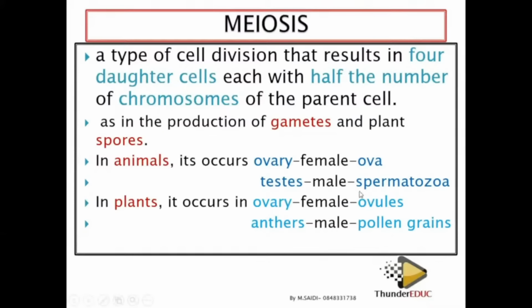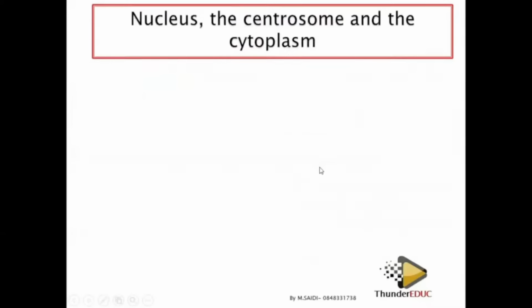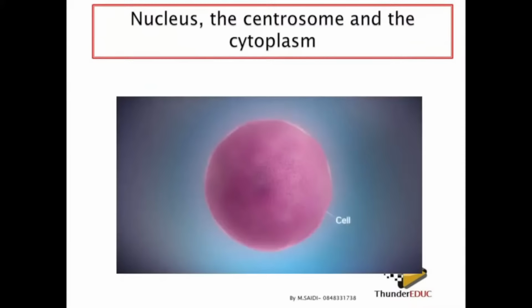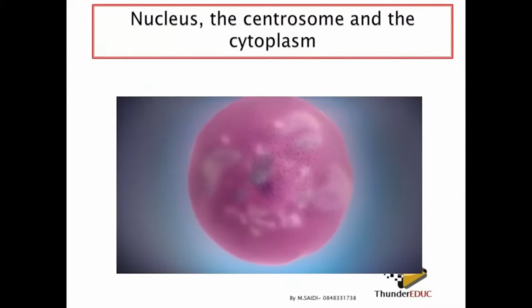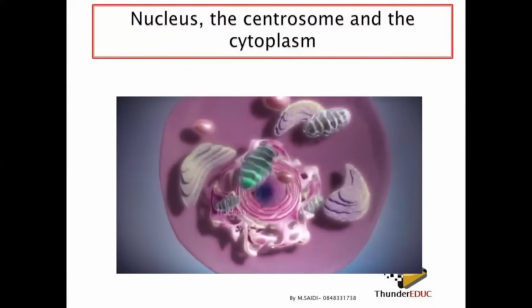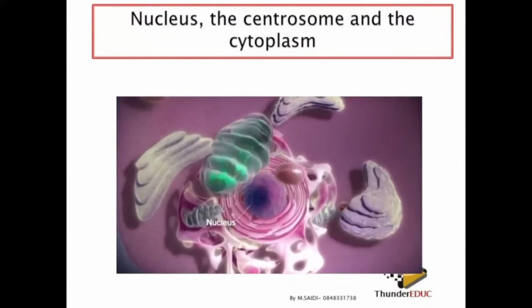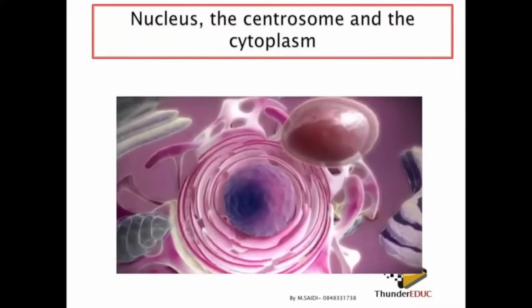Basically, that's what you needed to know about this first introduction of meiosis. Meiosis is basically the cell dividing, and the most important thing to divide is the nucleus. So we need to do a recall about the nucleus, because we saw the nucleus at the beginning of DNA and also in grade 10.